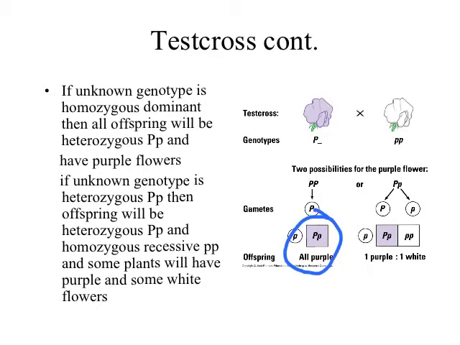However, if the unknown genotype is heterozygous, big P, little p, then we're going to have offspring that are big P, little p, and homozygous recessive with little p, little p, so we are going to have some purple and some white. So that's one way we can use our genetics and our monohybrid crosses and dihybrid crosses to figure out unknown genotypes of particular phenotypes of organisms.